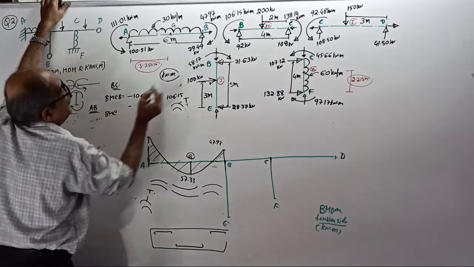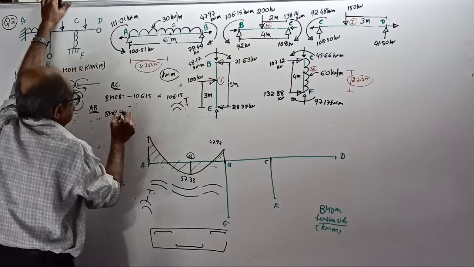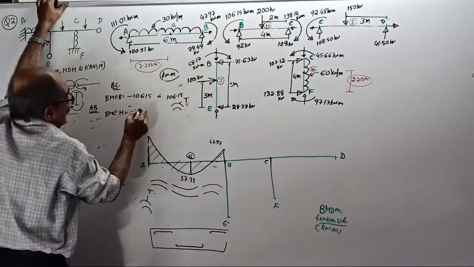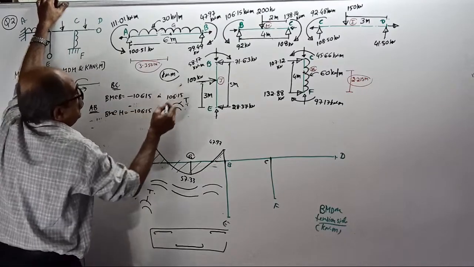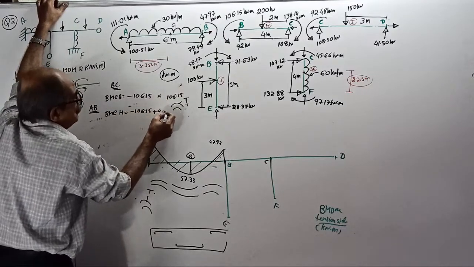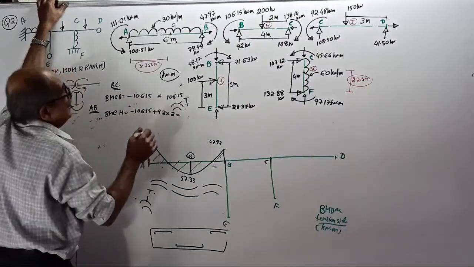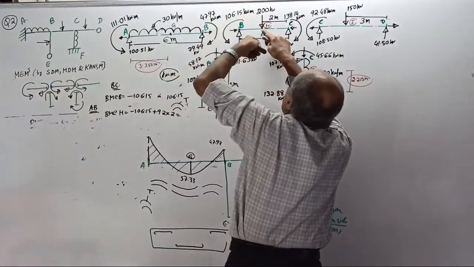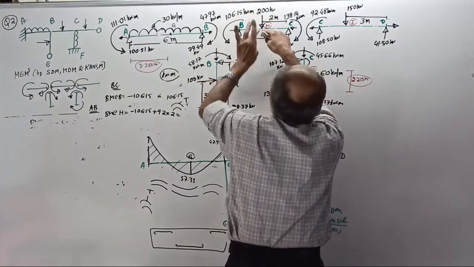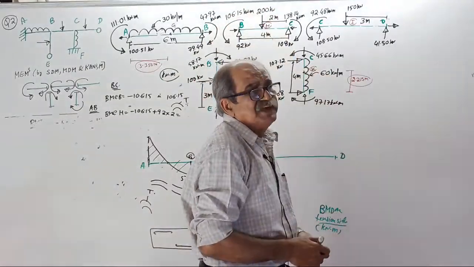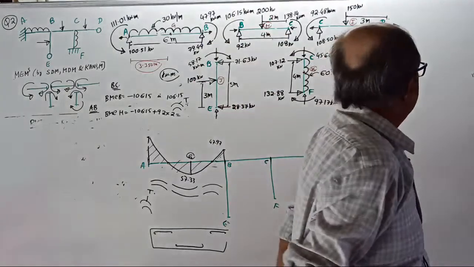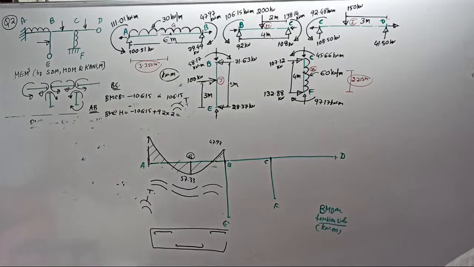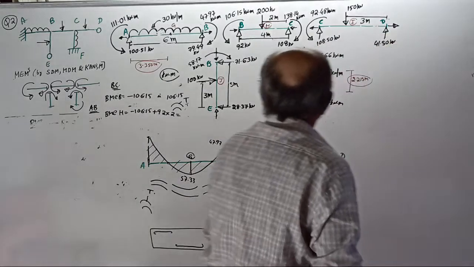Bending moment at H. Look this side. Minus 106.15 plus 92 into 2. Tell the answer with sign. Fast. Don't waste time. Plus 77.85.